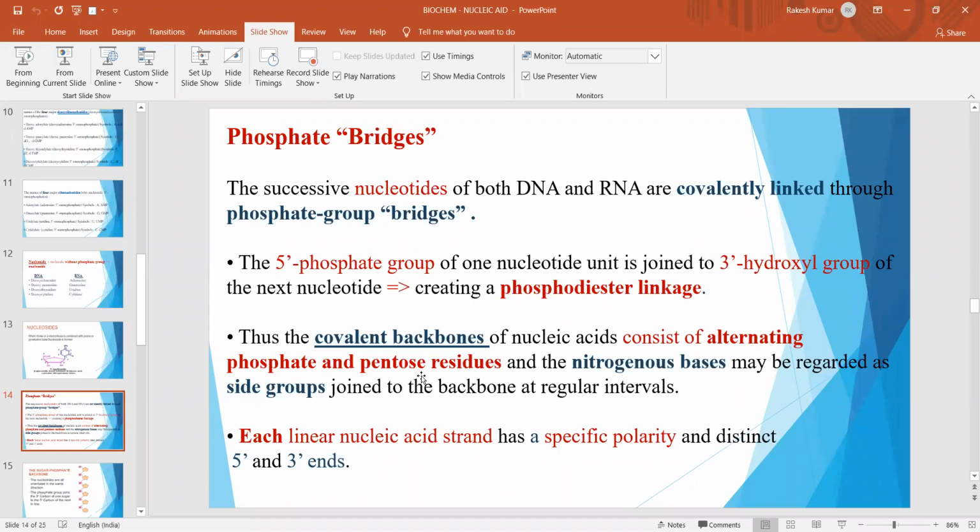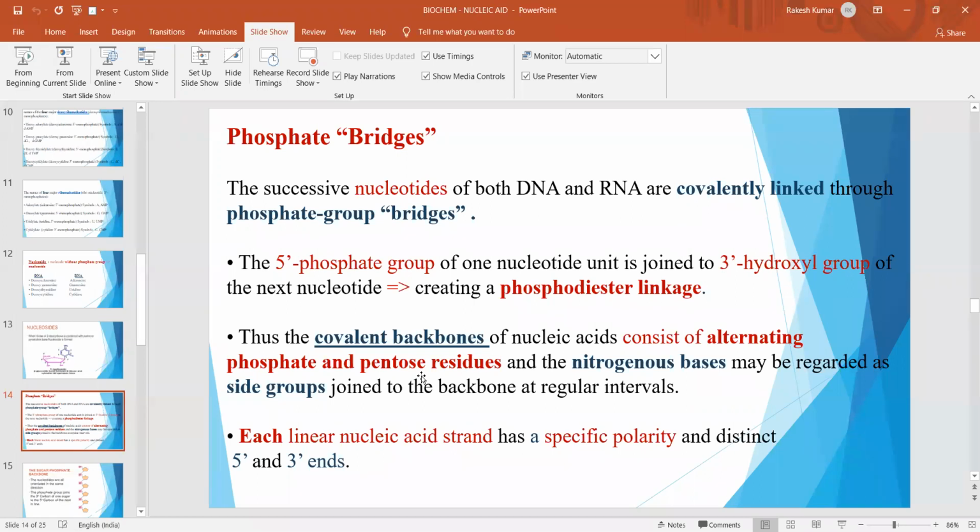Phosphate bridges. The successive nucleotides of both DNA and RNA are covalently linked through phosphate group bridges. The 5' phosphate group of one nucleotide unit is joined to the 3' hydroxyl group of the next nucleotide, creating a phosphodiester linkage.